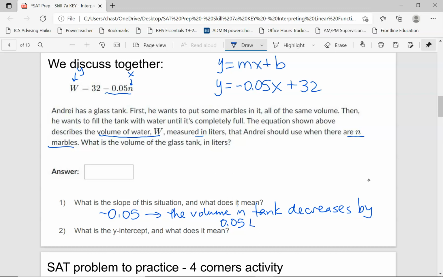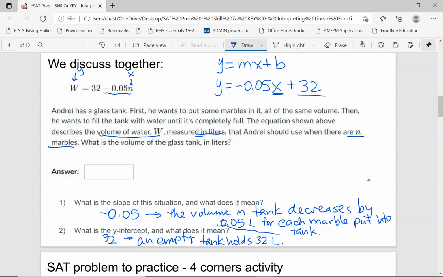Because they told us right here. So it decreases by 0.05 liters for each marble put into the tank. And the y-intercept, well, that would be the 32. An empty tank, meaning there are 0 marbles, an empty tank holds 32 liters. Okay?